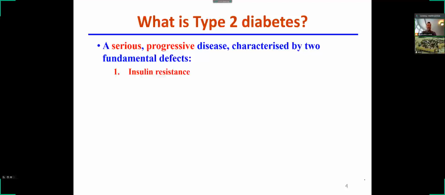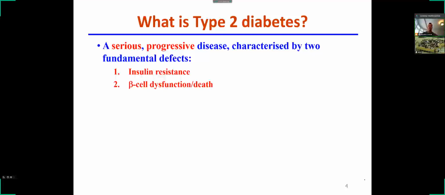The first is the inability to respond to insulin, so termed insulin resistance. And the second is a dysfunction in beta cells. Either they're alive but not working, or they're gone, completely dying, similar to what we saw in type 1, but it can vary depending on the patient.